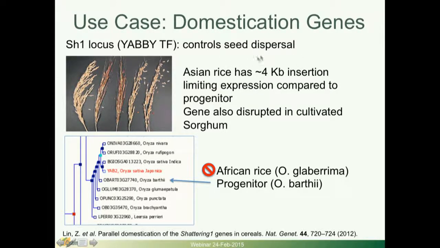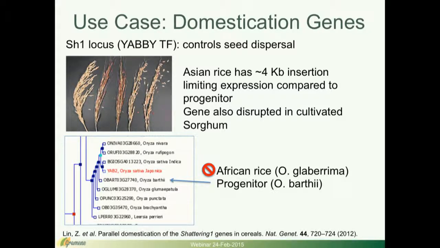In Asian rice, Oryza sativa, there's a 4 kb insertion in the SH1 gene, which limits its expression compared to the progenitor. In sorghum, this gene is also disrupted, the orthologous gene. And so the question here is about a different species.